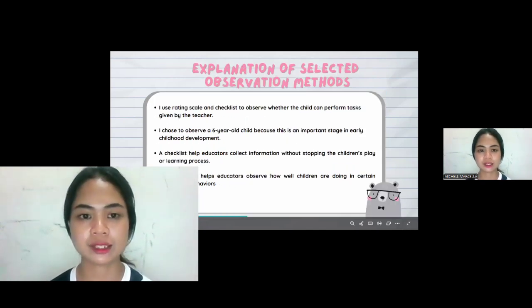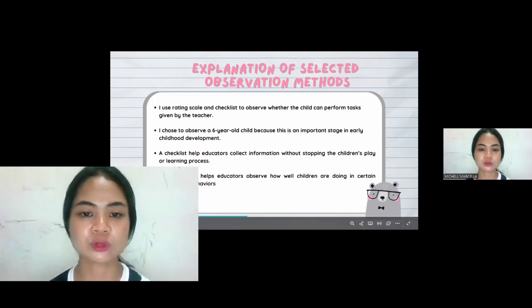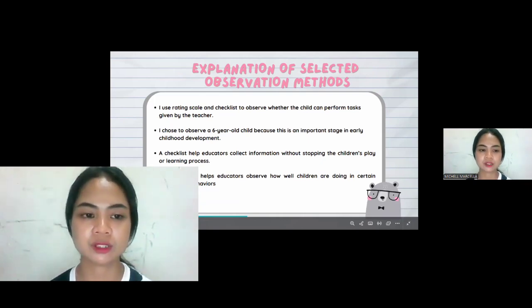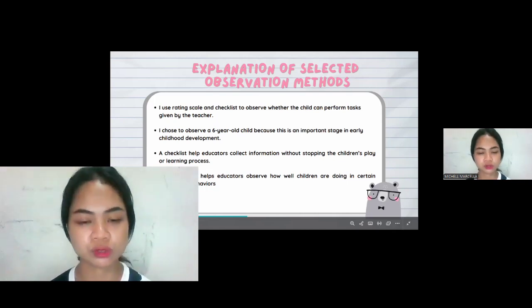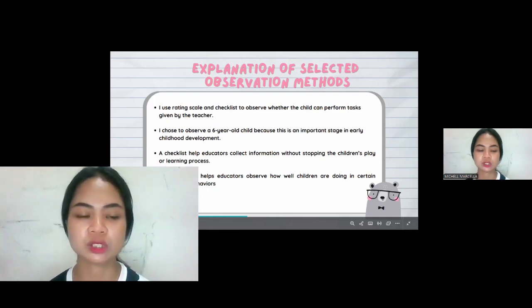Okay, the selected observation method. I use the rating scale and checklist to observe whether the child can perform tasks given by the teachers. I choose to observe 6 year old children because this is an important stage in early childhood development.